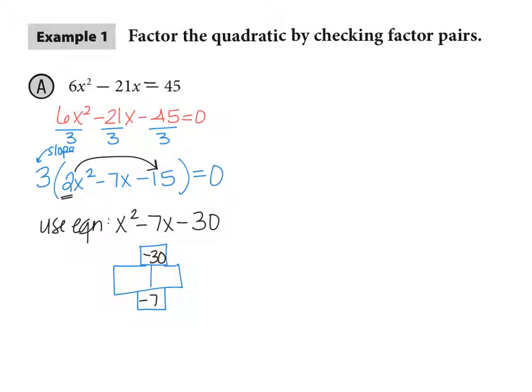It may take you a minute to think about those, but hopefully you're going to come up with negative 10 and positive 3. So from yesterday, at this point, what we have is everything that we did yesterday. I'm going to bring my slope down, so that's 3, and then I have x minus 10 and x plus 3.